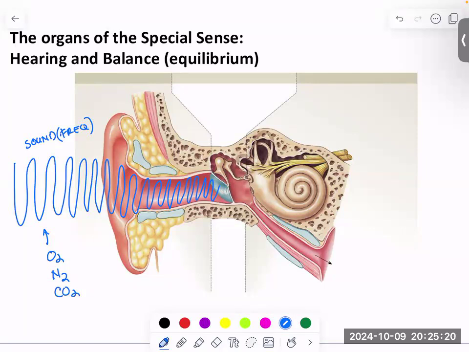It goes into your ear, and it is first detected in your ear by vibrating the eardrum. We will not call this the eardrum. You will not call it the eardrum. This is the tympanic membrane.